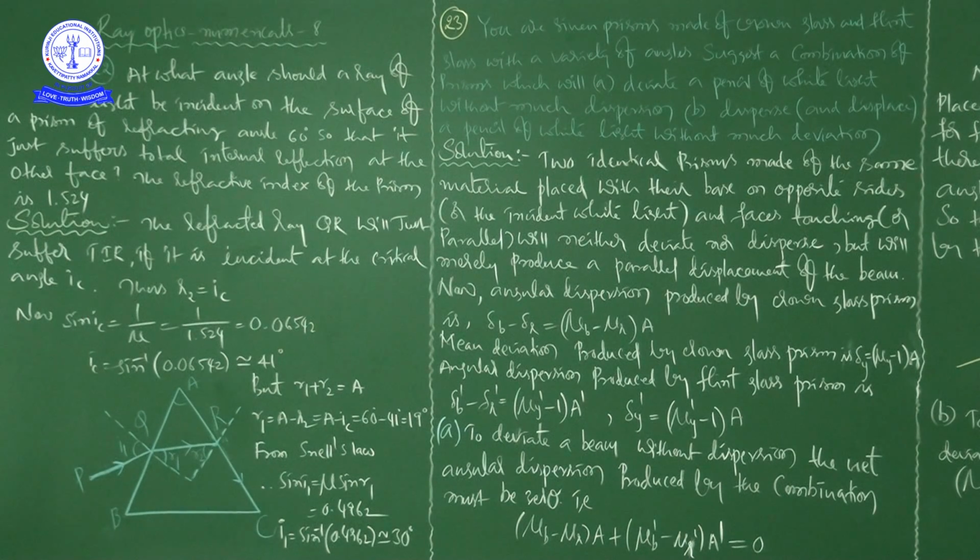See this. First, two identical prisms made of the same material, placed with their base on opposite sides of the incident white light, and faces touching or parallel, will neither deviate nor disperse, but will merely produce a parallel displacement of the beam. You just imagine the situation he is giving.